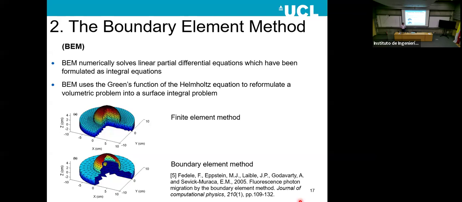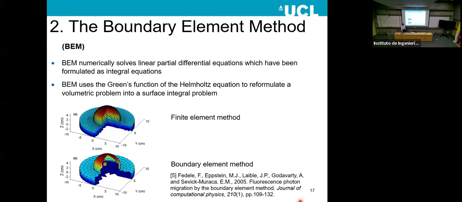So you take a volumetric problem, and if you have any number of closed surfaces in your infinite volume, then if you've got a suitable Green's function, which we do in acoustics, you can reformulate your Helmholtz equation from a volumetric problem onto a surface rather than a volume.